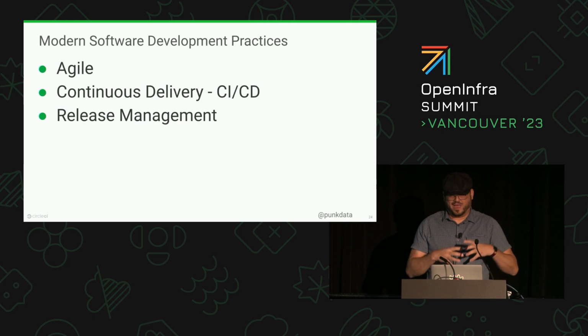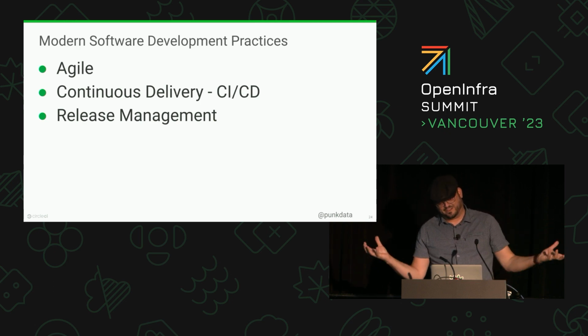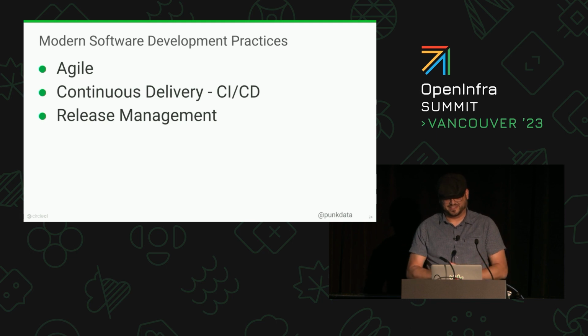So if you have that kind of application architecture, it's hard to bust it out into more of an agile management of your software and your SDLCs. And also with continuous delivery, there are some challenges, but I think the impactful challenge is release management and monoliths, right?